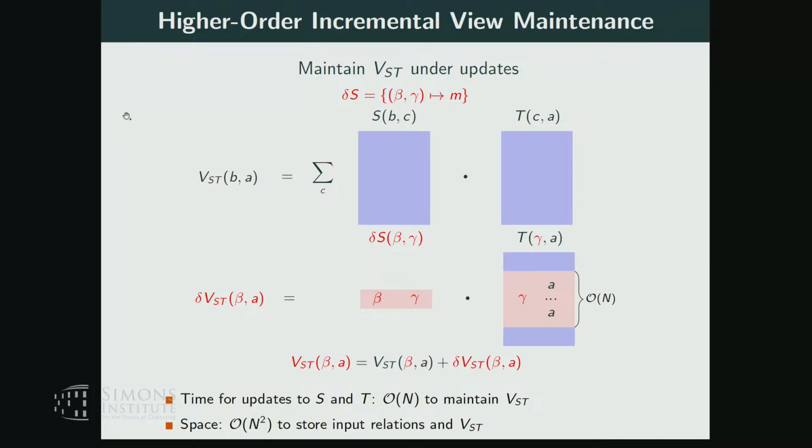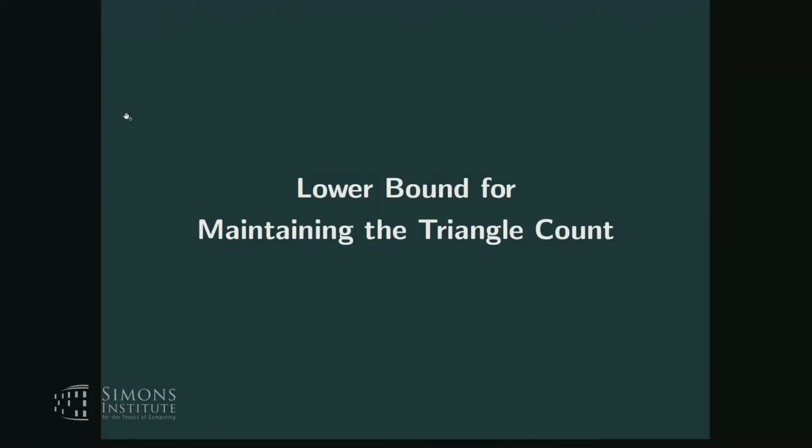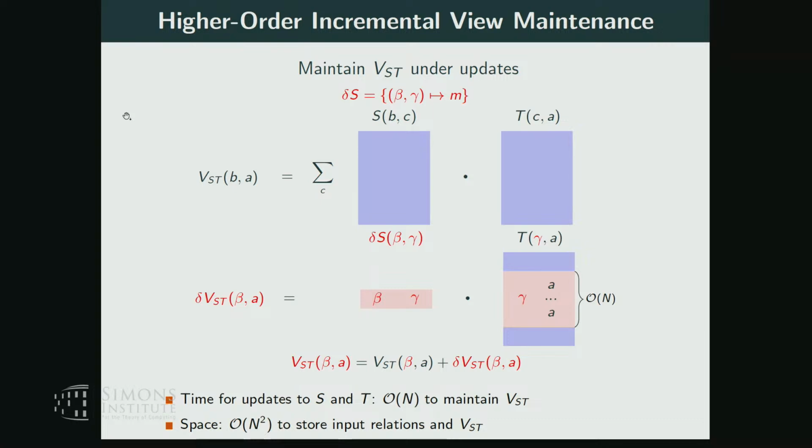Yes? I don't quite understand, in the DB-Toaster approach, if you have to materialize all these extra views, how do you gain anything? Okay, for this particular query, you will not gain anything, you're right. But if you only materialize ST, you will gain. And how are you going beyond first order maintenance here?